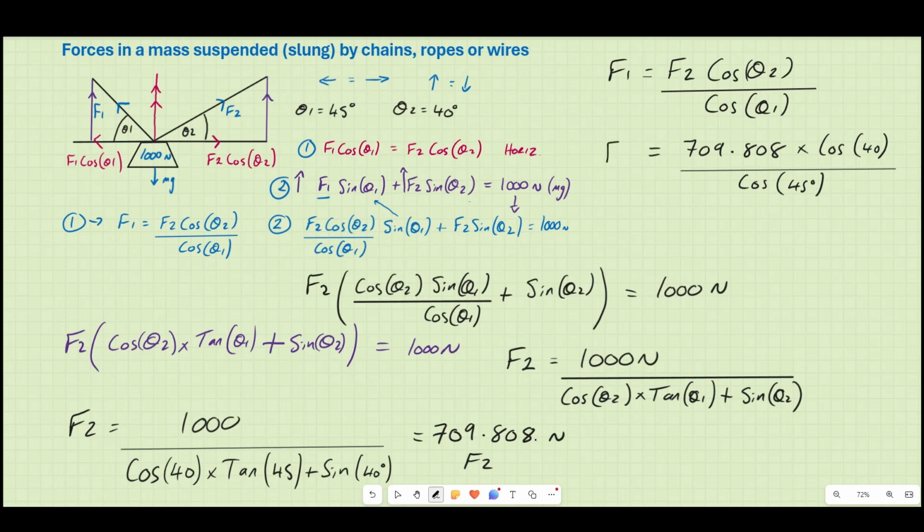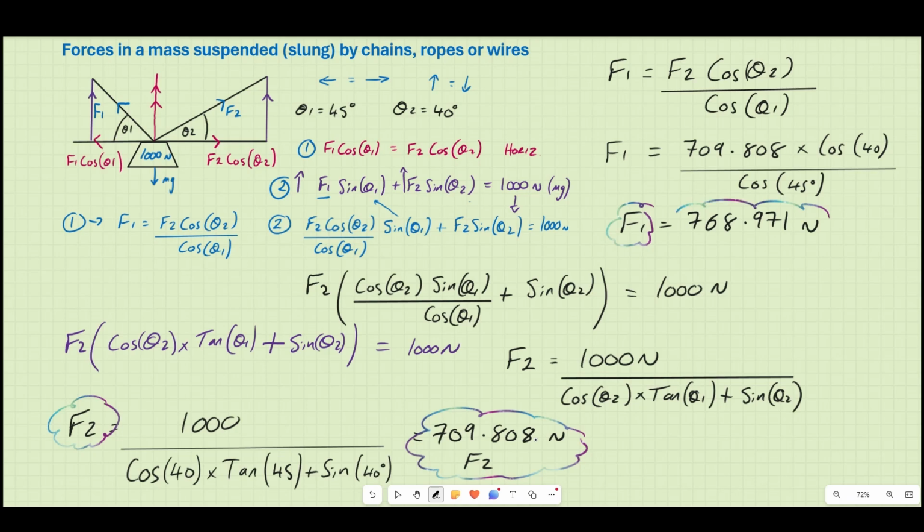And that is F1. So F1 is slightly larger, and it is 768.971 newtons to 3 decimal places. So there's F2, all worked out nicely. There's F1, and we've got an answer for that.